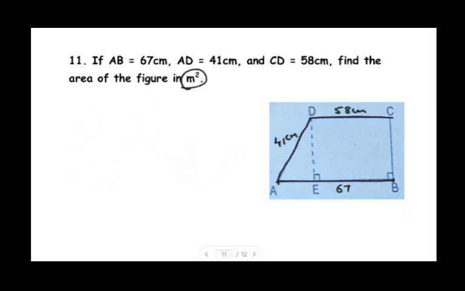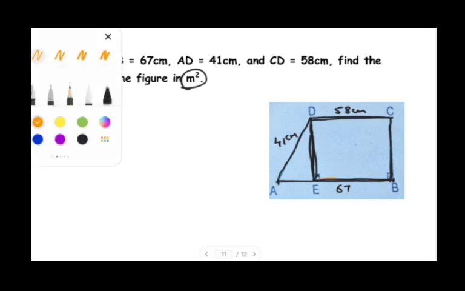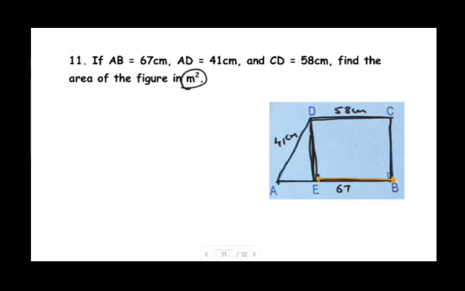Alright, so let's get on to this. So I have to find the area. For the area, I will need this height DE. So I'll take this as a rectangle. So if I take this as a rectangle, this portion will become 58 centimeter. Opposite sides of a rectangle are equal.